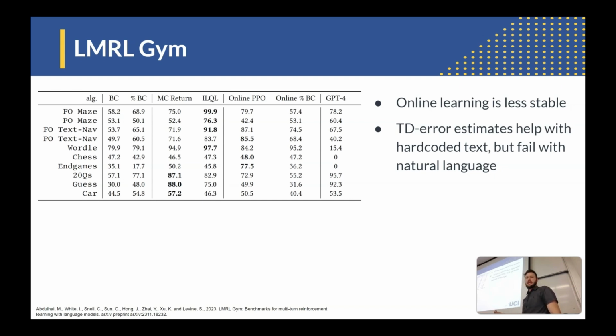So this is maybe just indicating that GPT-2 wasn't capable of modeling the value very well in a TD error scenario, or maybe it was because natural language is just hard. Either way, I think it indicates that natural language is harder to model than this templated, hard-coded language. So there's lots of open questions in this area.